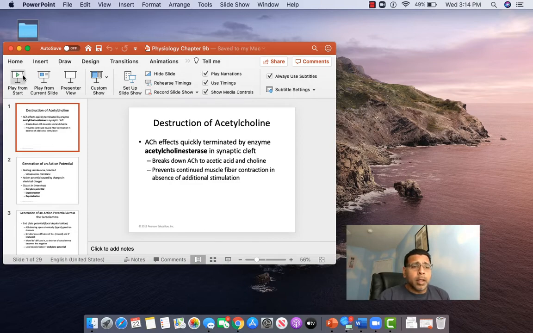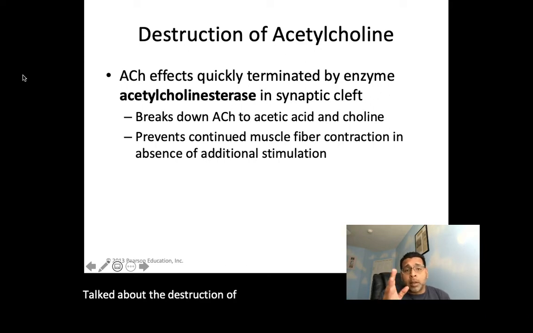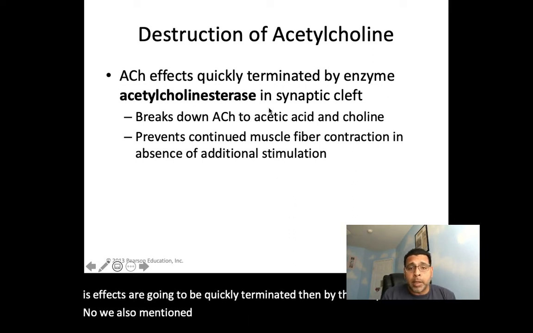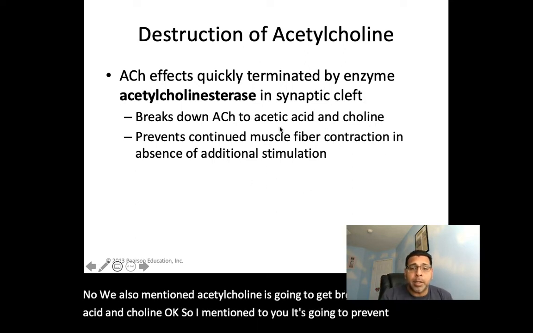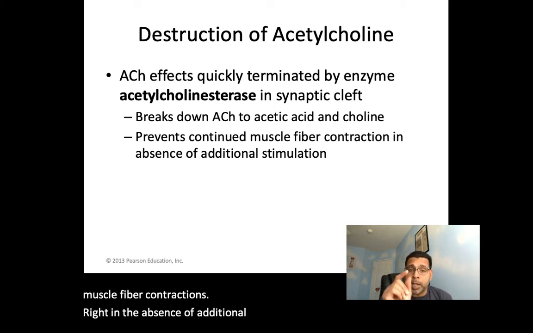Now we talked about the destruction of acetylcholine, where we said acetylcholine's effects are quickly terminated by this enzyme. Acetylcholine gets broken down to acetic acid and choline. I mentioned it's going to prevent continued muscle fiber contractions in the absence of additional stimulation. Very important you understand, in the absence.